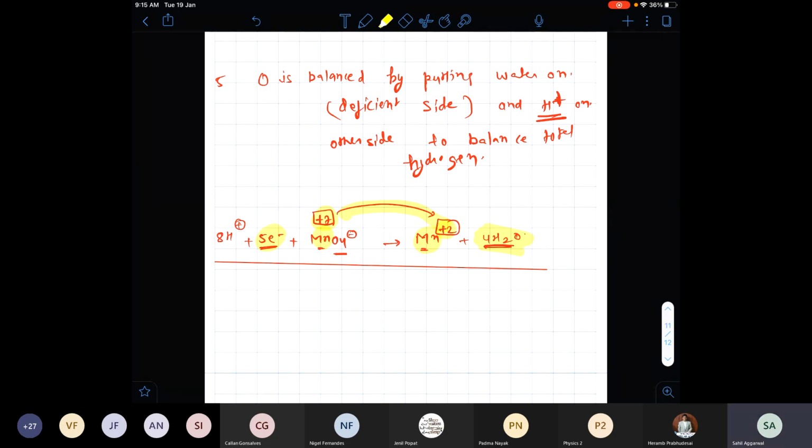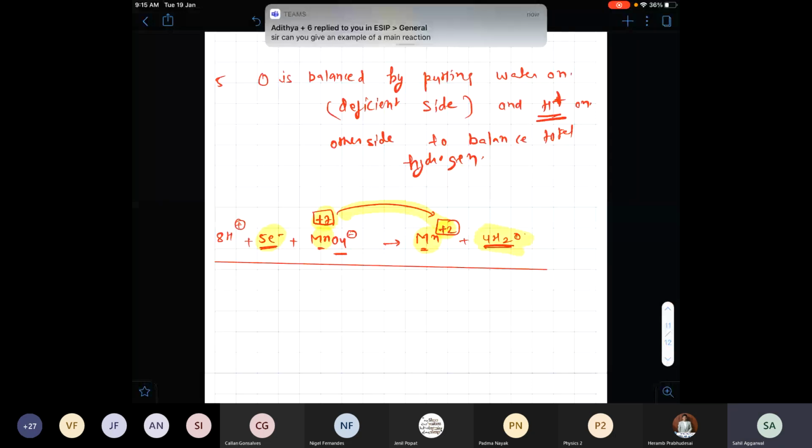These are the rules we have to follow. At last, electrons will get cancelled out. Four rules are there. We have to follow those 4 rules. We will come to know. First let this one be done, after that I'll give you the example of the main reaction also.